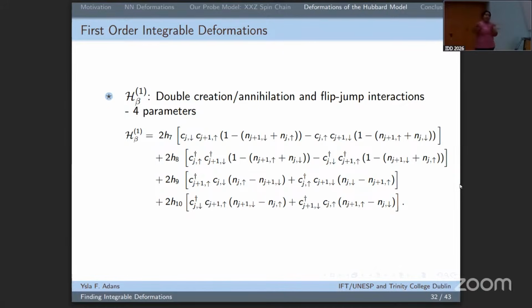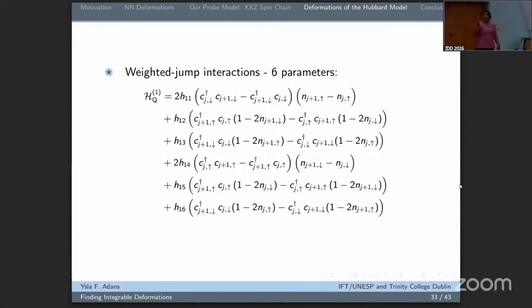So now you can have more things happen in your Hamiltonian. And HQ has a bunch of weighted jump interactions. So it's the same jump that happens in Hubbard, but now they are weighted by differences of different species or interactions between species. You can get the whole thing here.